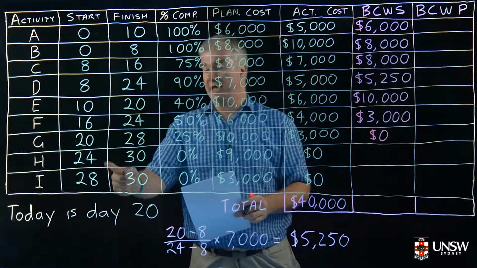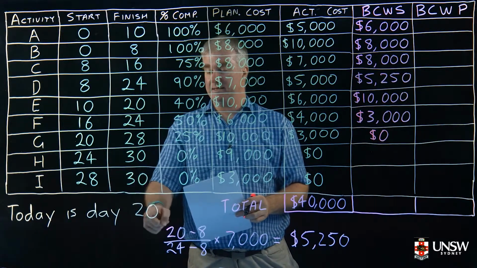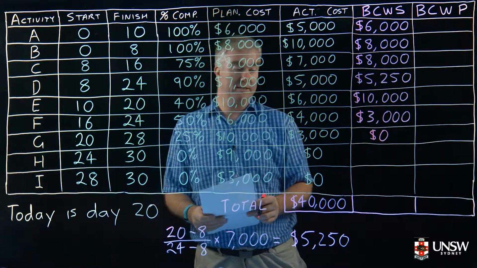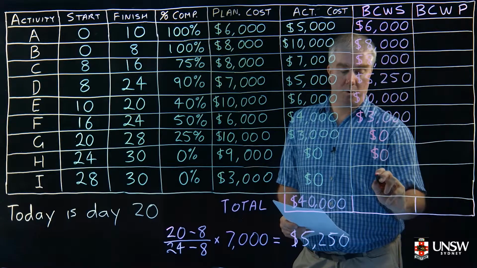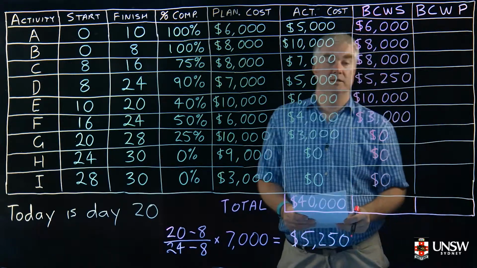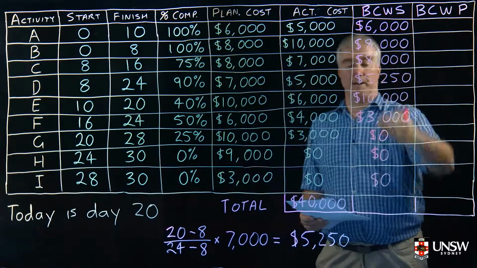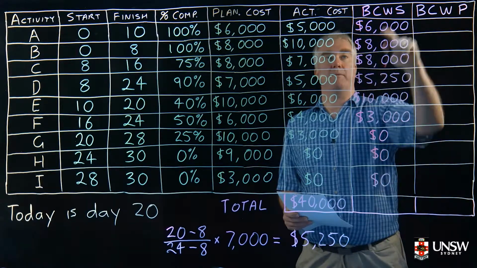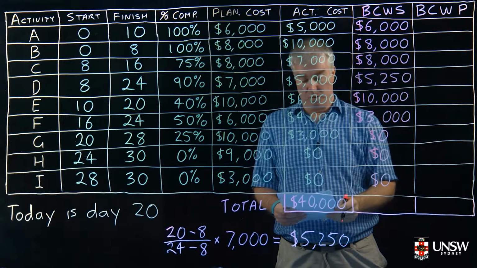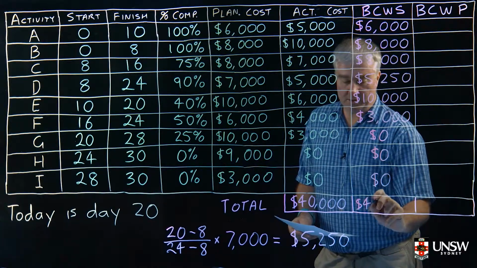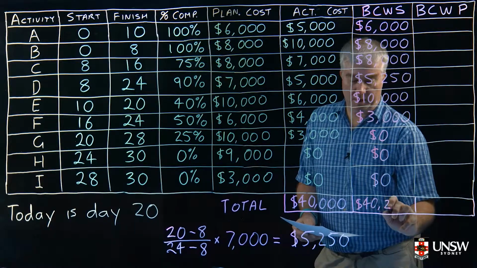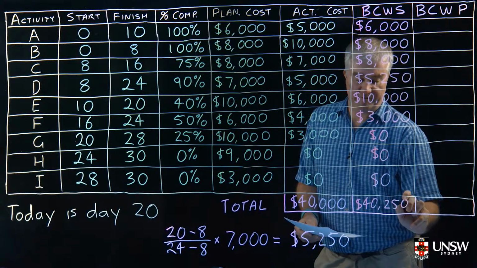Similarly, for activity H and I, their start dates are in the future compared to today. So the plan is that by now we won't have spent any money on either of them. So now we can add this column up, and that gives us our basic cost of work scheduled, which in this case is $40,250.